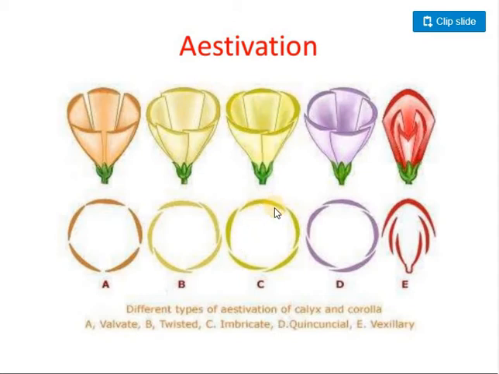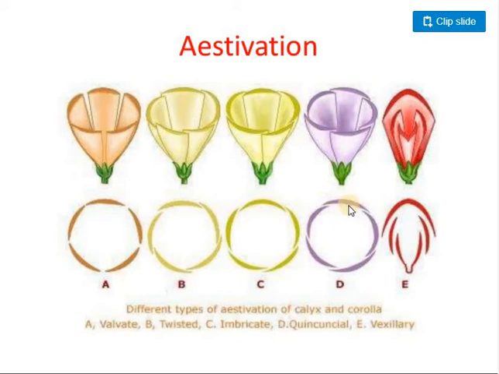See this petal is inside, this petal is outside, the other petals are in and out. This kind of one in, one out, others in and out is called imbricate. And if you see the fourth diagram, these petals are inside, these two petals are outside, and one is in and out.